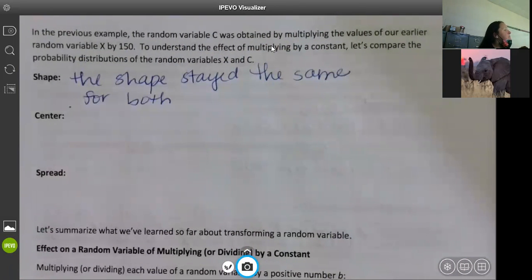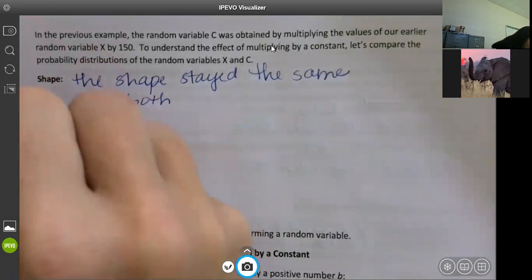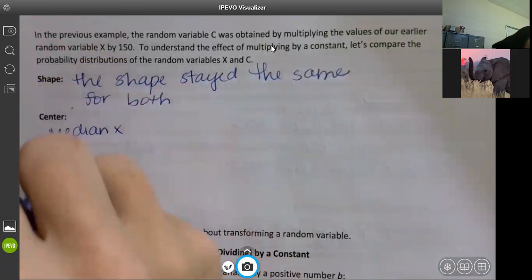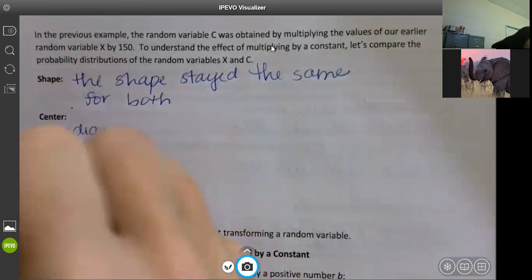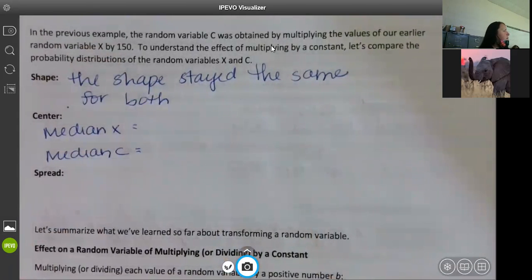All right, so I did medians because it's a little bit easier to look at. I'll show you the centers as well, or the means. So I did the median of X and the median of C. Why should we not use median? I shouldn't use it, but I'm doing it for visual purposes.